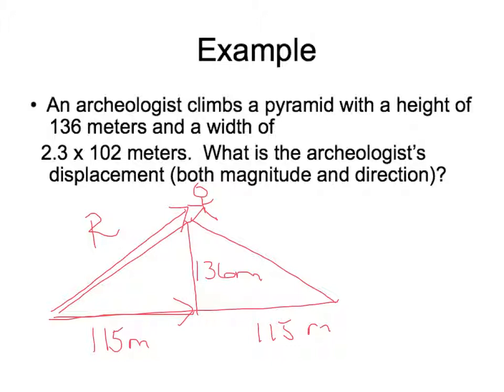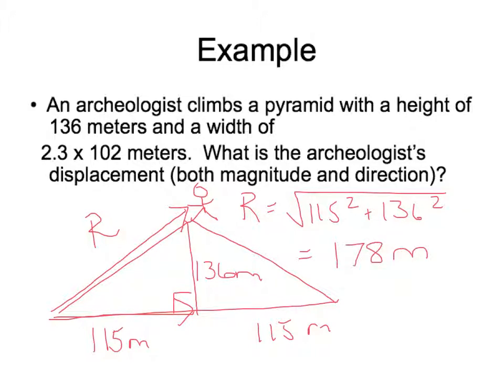And so obviously what you can do, because this is a right triangle, is do the Pythagorean theorem and get the magnitude. Okay? So when you do that calculation, you are going to get 178 meters.